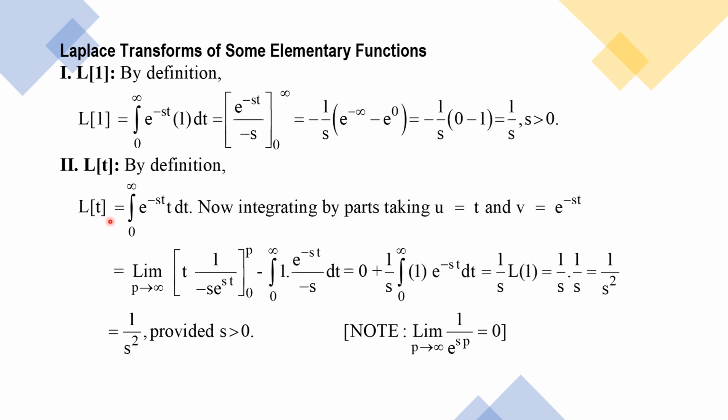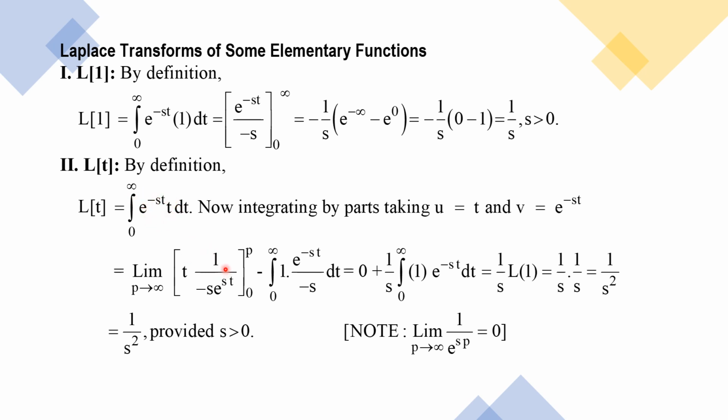Now Laplace of t. Similarly, by the definition of the Laplace transform, integral from 0 to infinity of e power minus st times t dt. This integral is solved by integration by parts. This is an improper integral, so we apply the limit p to infinity. Here t stays the same, and we integrate e power minus st with respect to t.